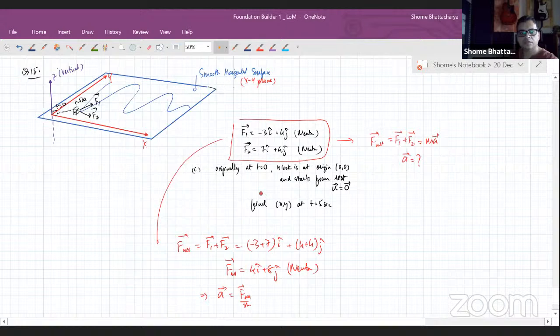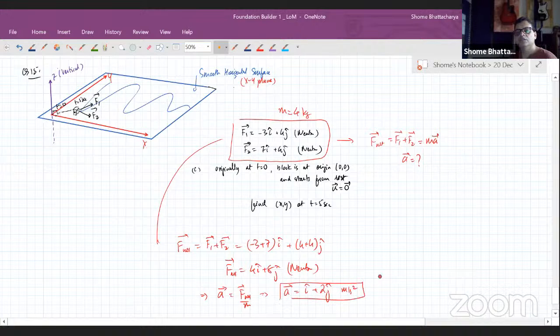Okay, and the mass of the block is given to us as 4 kg. So when you divide this by 4, you will get i cap plus 2 j cap in meters per second square.